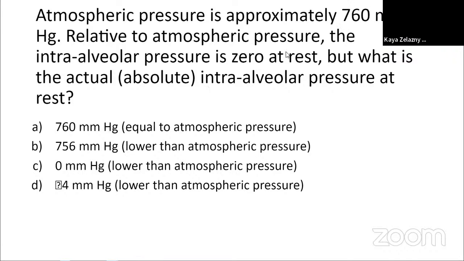Yeah, this is the same situation we've just seen. The reason that intraalveolar pressure is 0 at rest, all that means is that we have a situation where the atmospheric pressure and the intraalveolar pressure are equal. And they've given us the atmospheric pressure of 760.